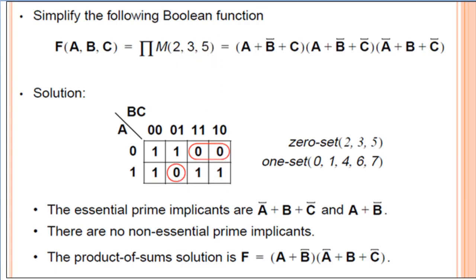Now for the max term we have to create the grouping of zeros, not ones. Clear? These two zeros can be grouped with each other, but this zero cannot be grouped with its adjacent cell.